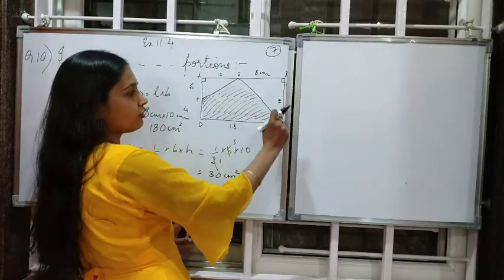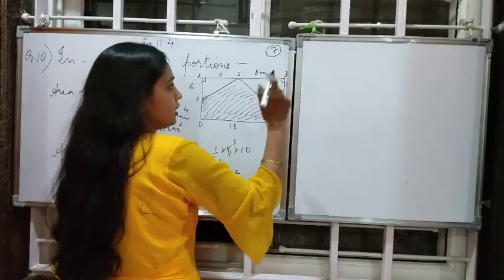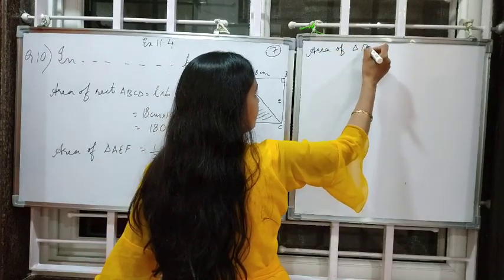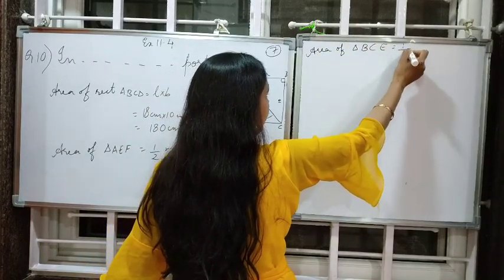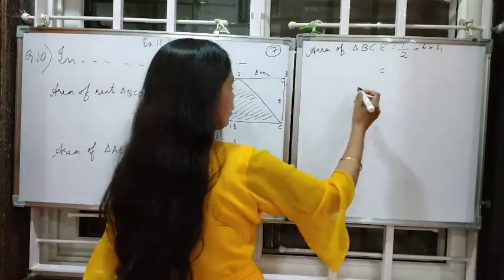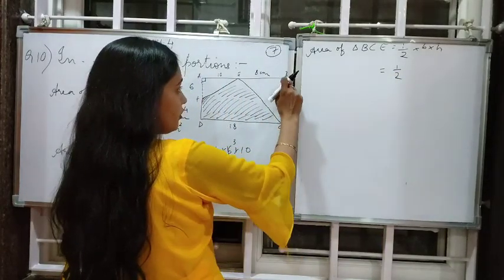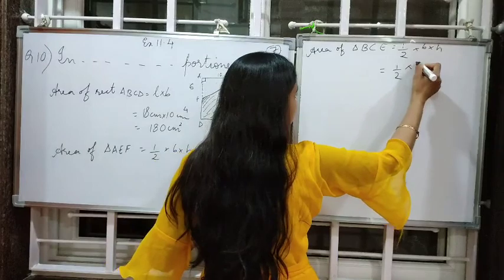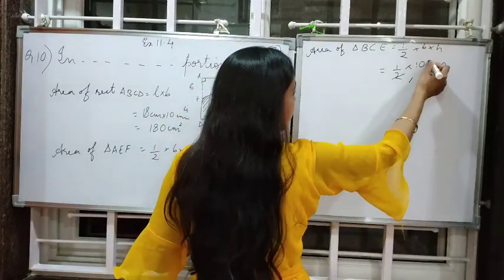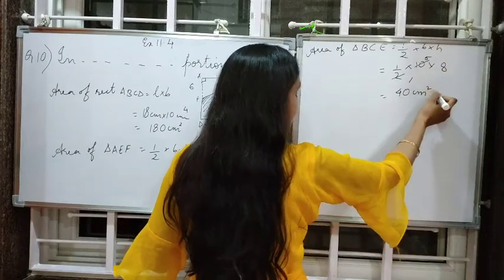Now we find the area of this triangle, that is triangle BEC. Again half base into height, which is equal to half. What is the base? Here 10. And what is the height? 8 is the height. 2 fives are 10, 5 8s are 40 centimeter square.